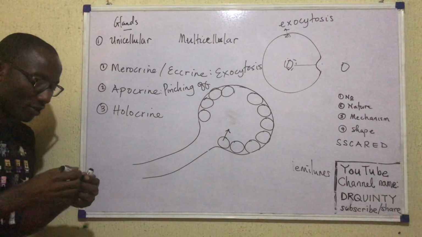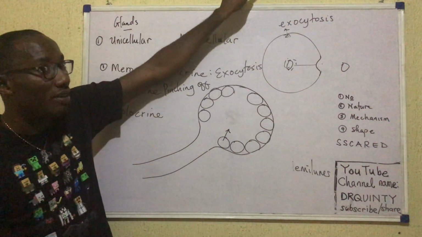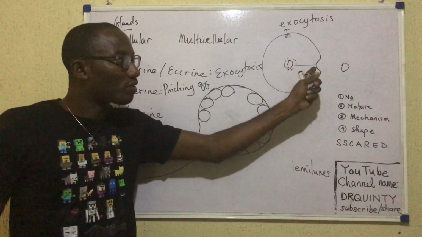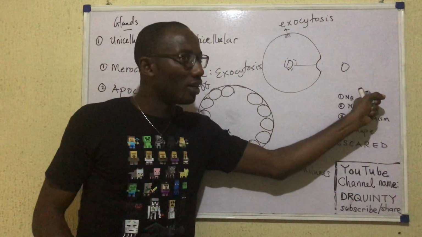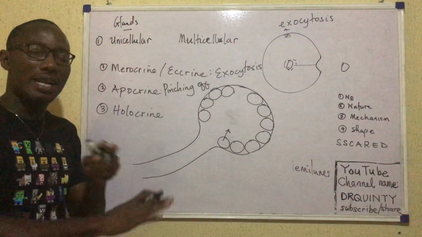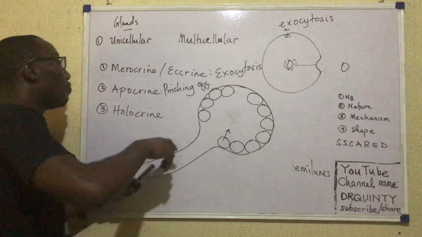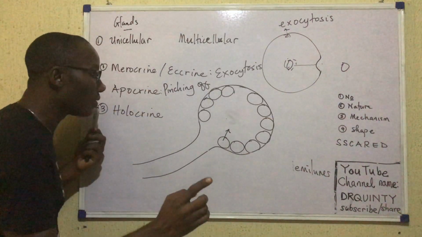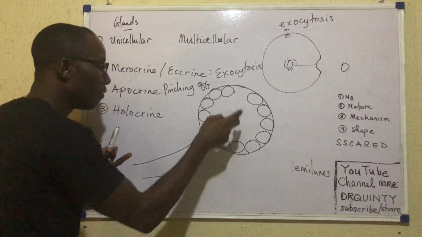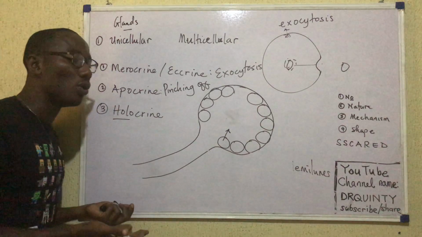So in that case, watch. This is the cell. Materials did not leave it. A portion of cytoplasm was not pinched off. Instead, the entire cell fell into the lumen and broke down. Because the whole cell fell into the lumen, we'll call the type of gland holocrine.